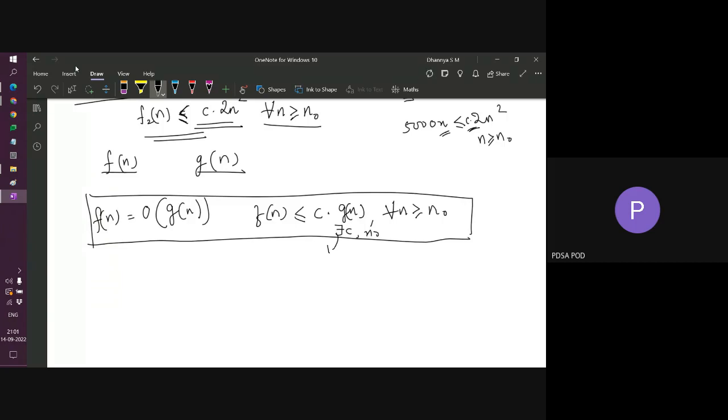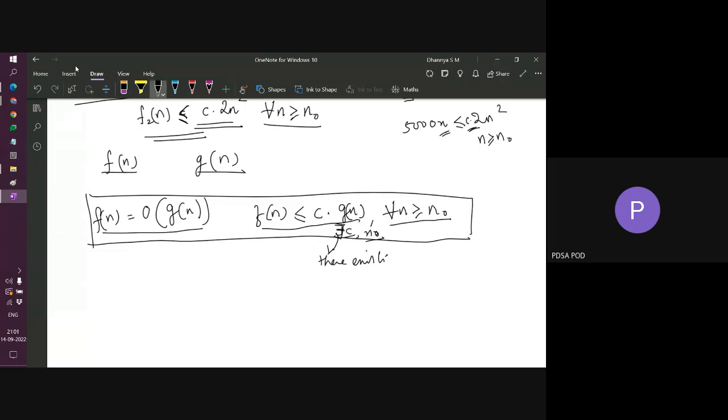This symbol means there exists. So there exist some constants c and n0 for which f of n is less than or equal to c times g of n for all n greater than or equal to n0. This is the definition of O of g of n. Is this clear?